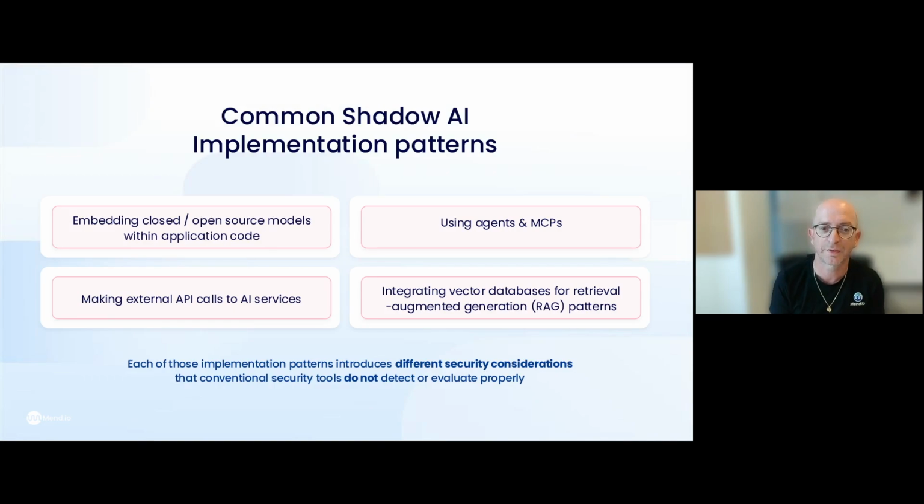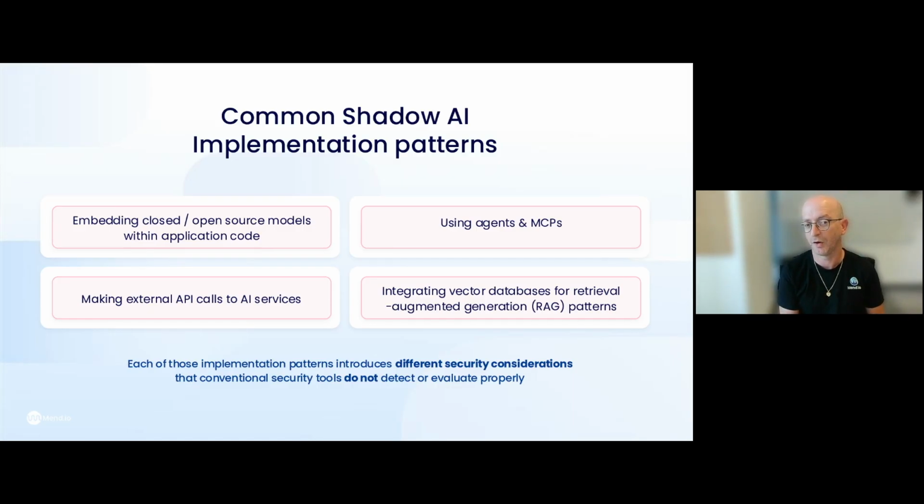If you look at some common shadow AI implementation patterns, then we can divide them largely into four types. First is the embedding of either closed or open source models within the application code. What this means? So today there is a huge amount of models.